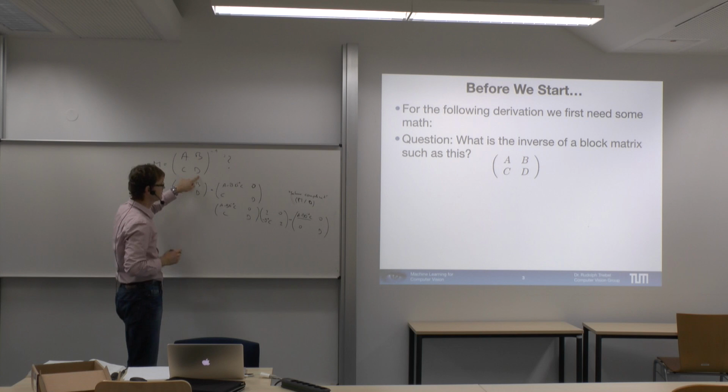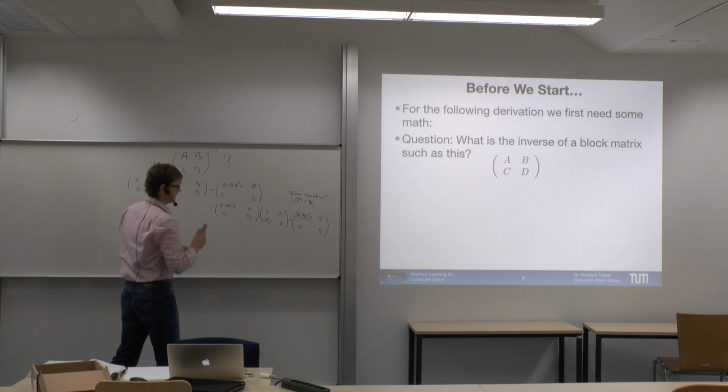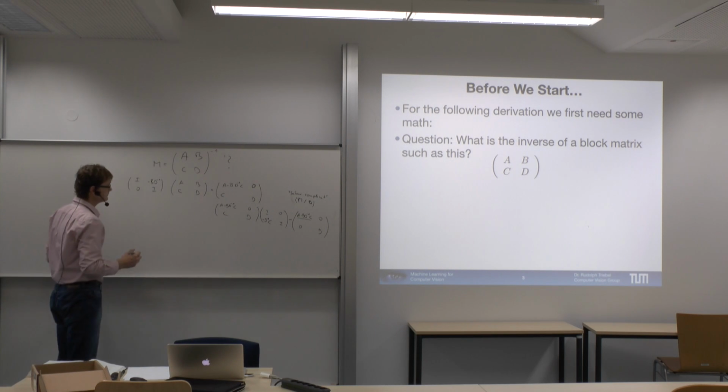The rule to compute the Schur complement is always go to the opposite of your D and then go around: A minus B times D inverse times C. This is the definition of the Schur complement, and we'll see later that this is important.